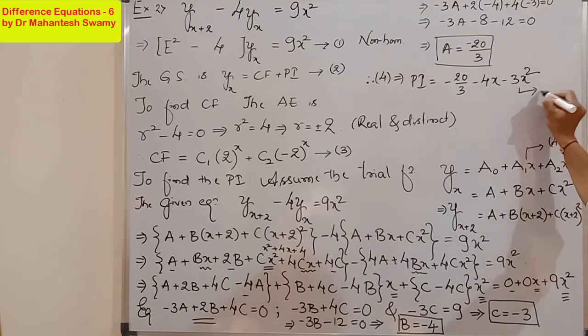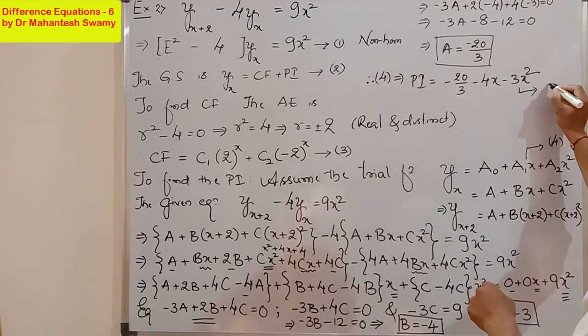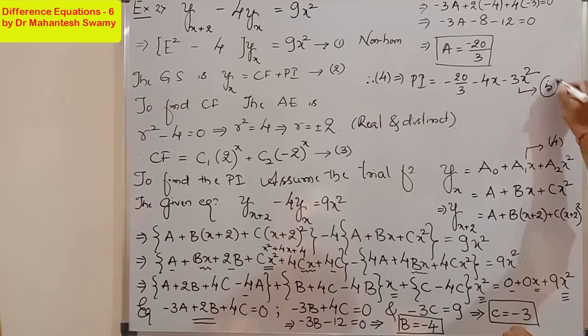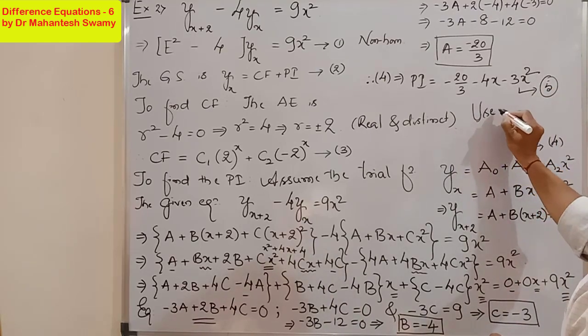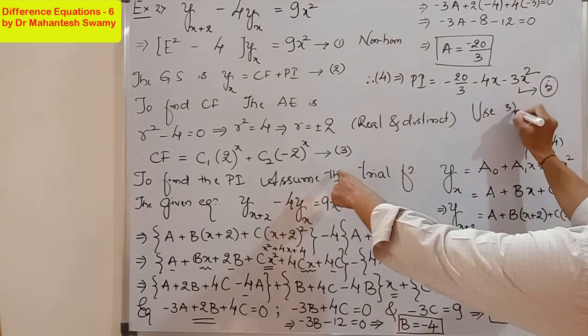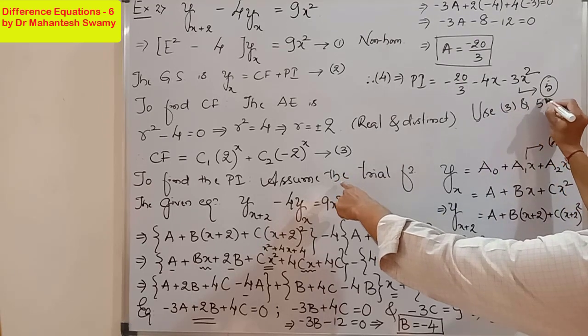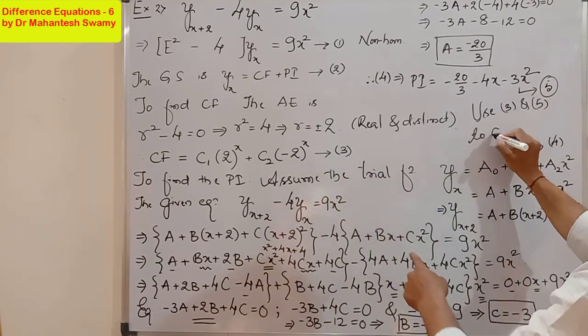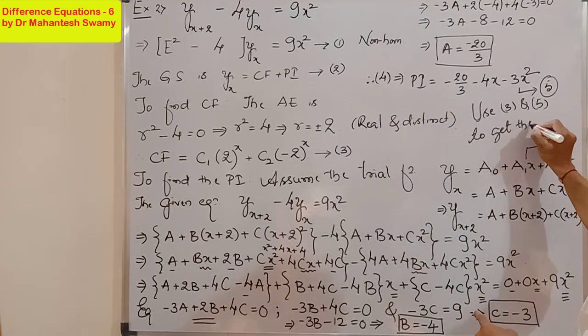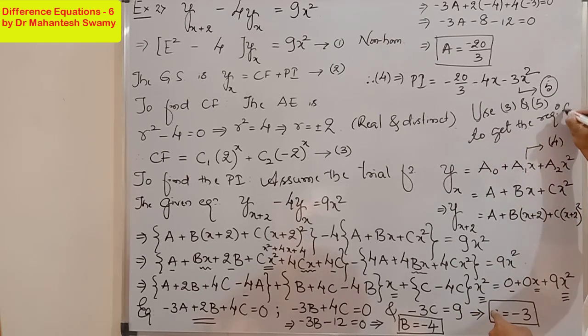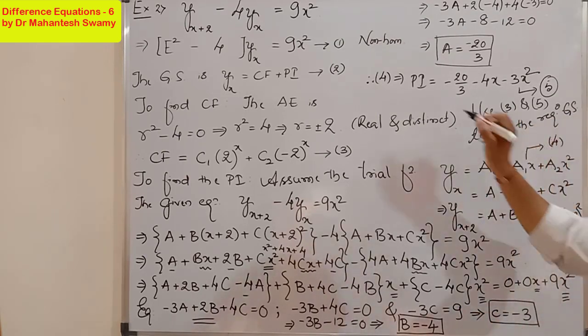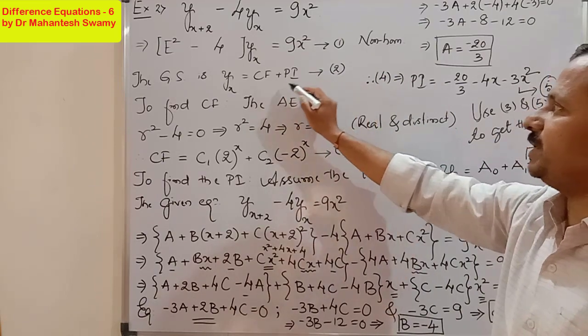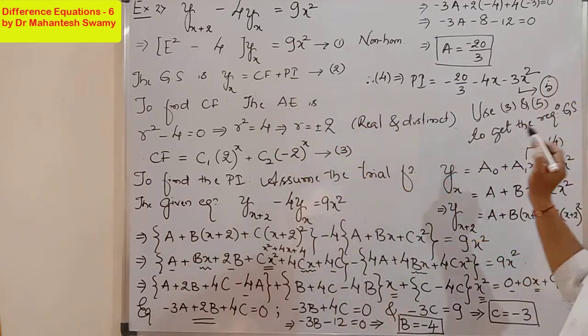So this is the value of the particular integral which we have obtained here in equation number 5. So use equation 3 and equation 5 to get the required general solution. We have to substitute these in expression number 2 in order to get the required general solution.